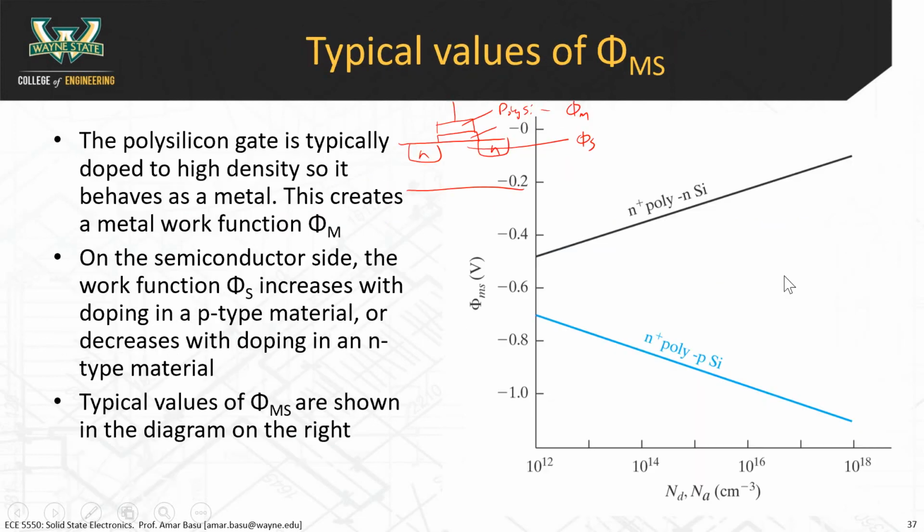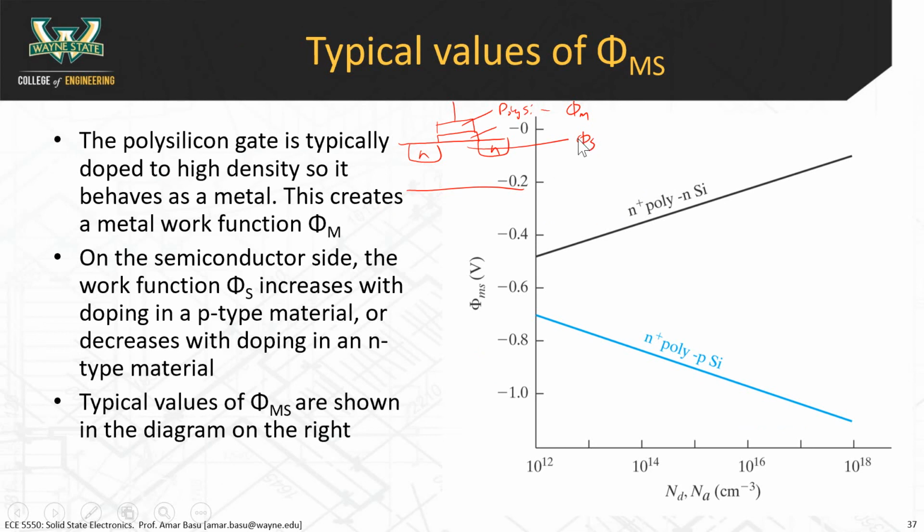band voltages here. And so when you have a polysilicon gate, I will provide you a chart like this that tells you what the flat band voltages are, or what phi ms is as a function of doping. The intuition that you want to remember here is that as your semiconductor doping increases, that's going to increase your semiconductor work function in a p-type substrate, and it's going to decrease your semiconductor work function in an n-type substrate.